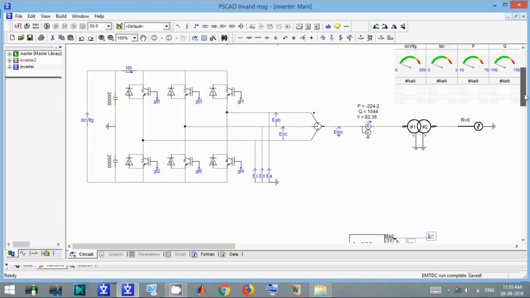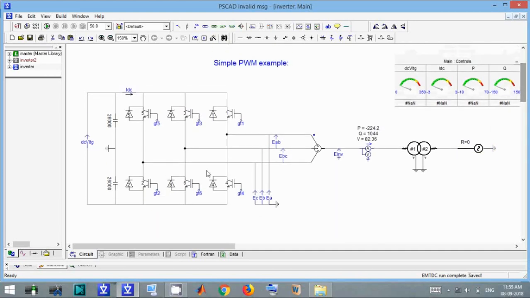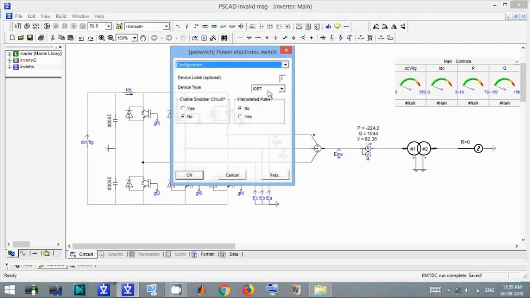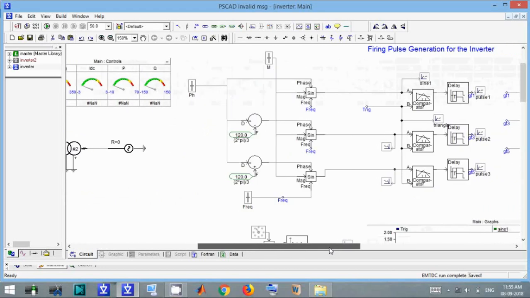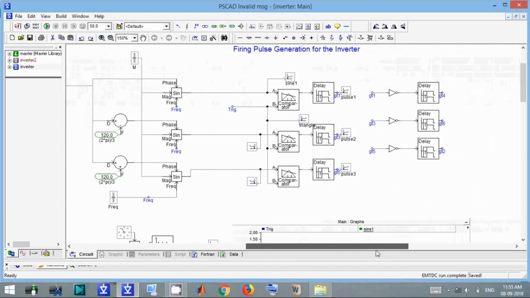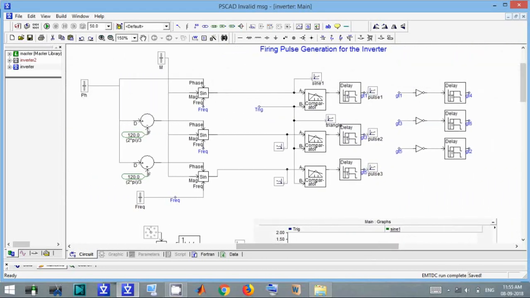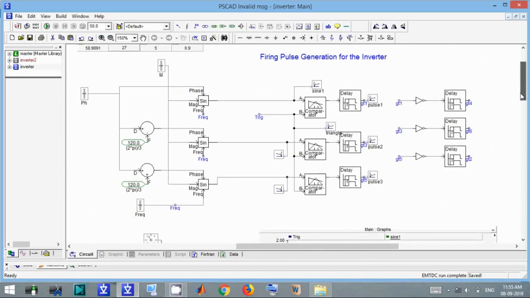The connection diagram you have already studied in your power electronics books, and here the switches are IGBTs and the corresponding gate pulses are given. This is the control logic of sinusoidal pulse width modulation, SPWM.